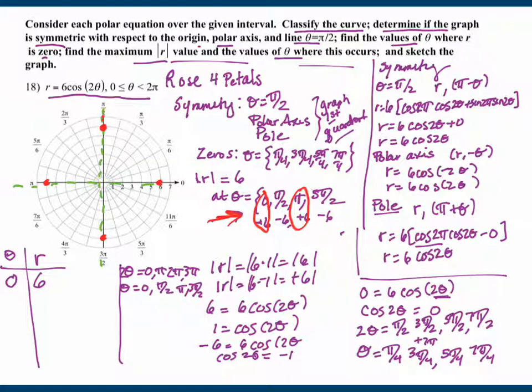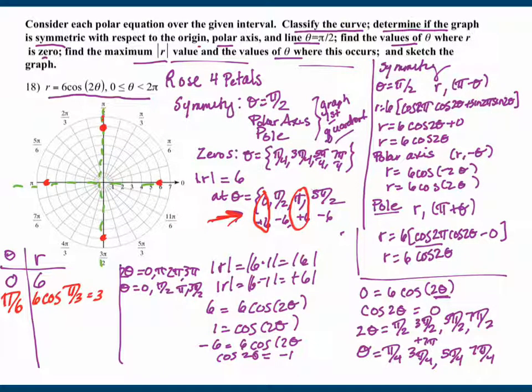Okay, so the next, I'm not going to do pi over 12, I'll do pi over 6. And at pi over 6, I think this is going to come out nice because it's 2 theta. It's 6 times cosine of 2 pi over 6, which is cosine of pi over 3. Cosine pi over 3 is a half. So 6 times 1/2 is equal to 3.